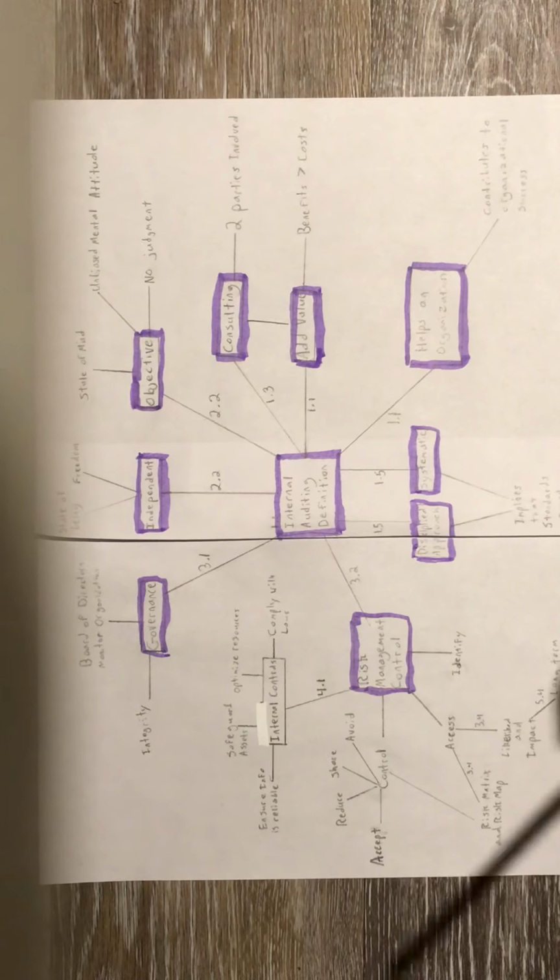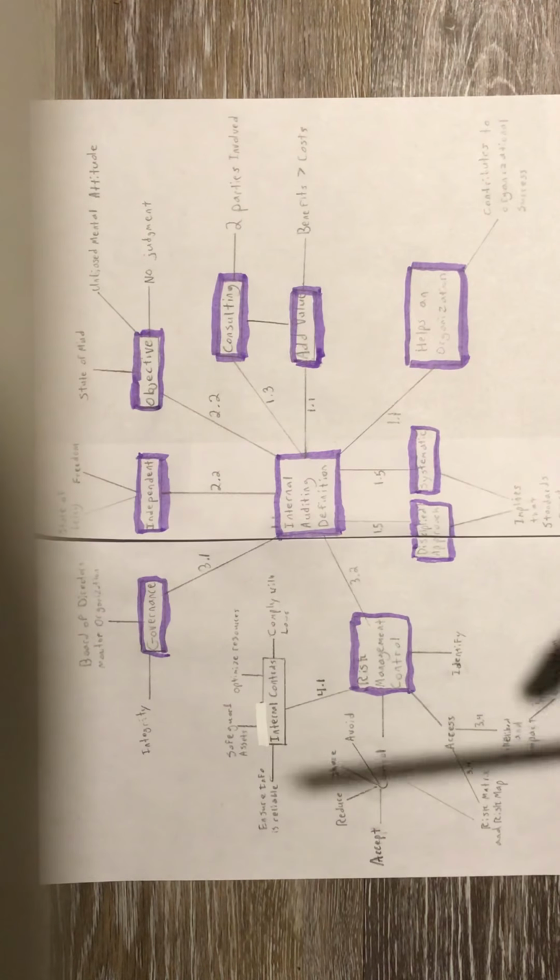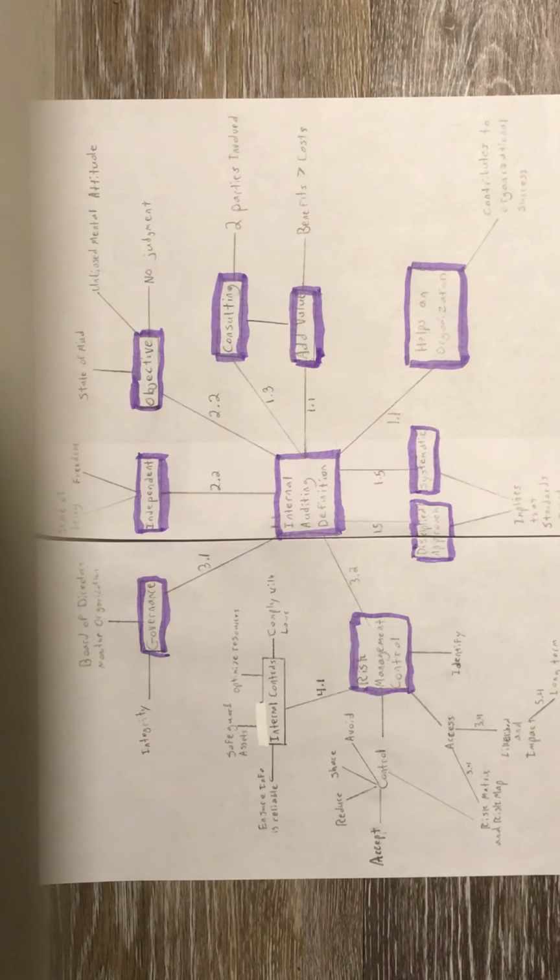Similar to independent, but it's actually the internal auditor's state of mind, and they have an unbiased mental attitude, and their judgment is not subordinated to others. So this means they don't let other people get into their minds and say what they want to say. They say what their own mental attitude wants to say, and they don't let anyone conflict their thoughts.